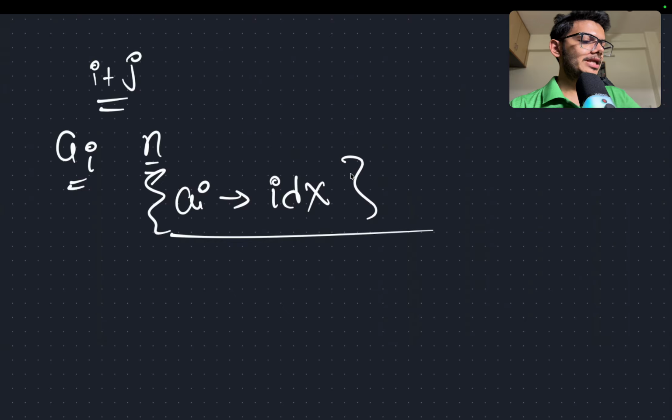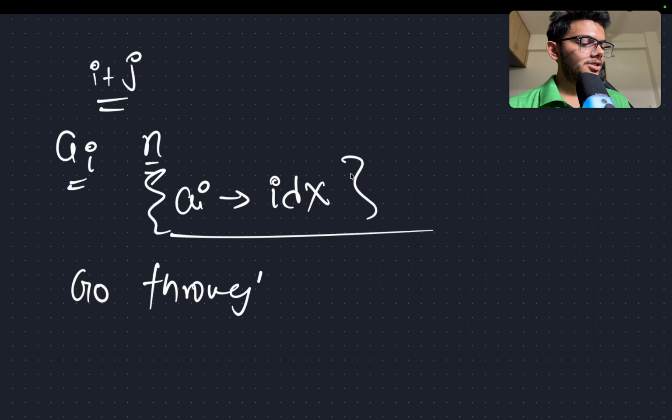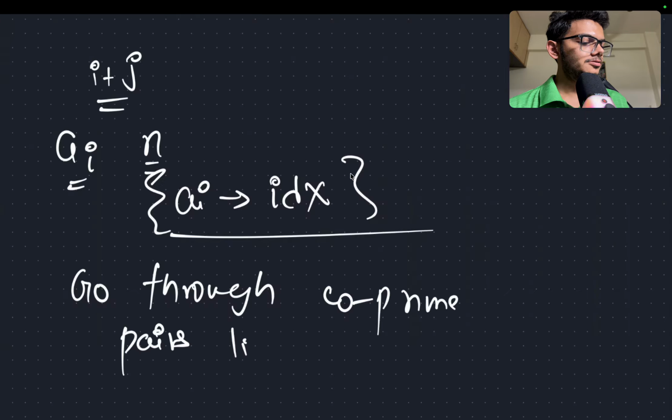If I can just keep track of ai to its index, what remains is to simply go through the coprime pairs list.